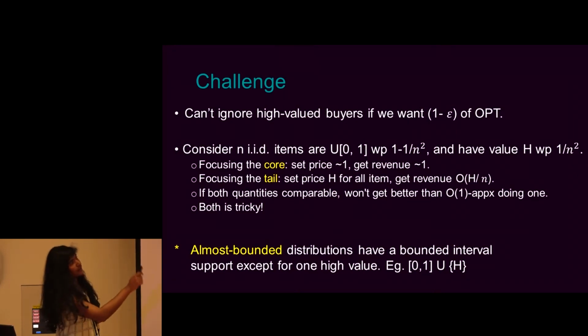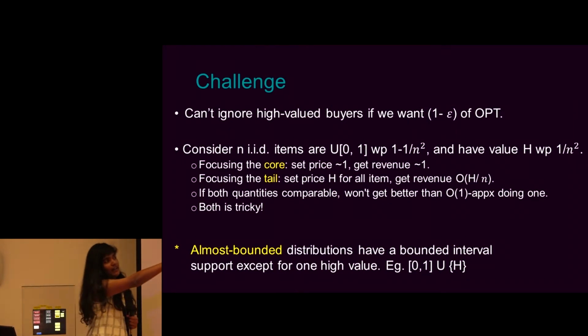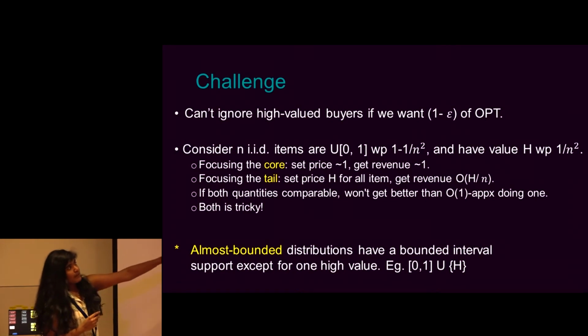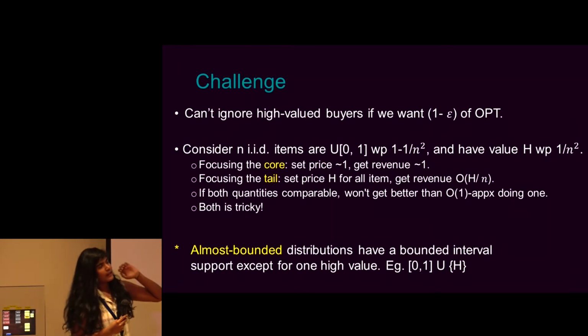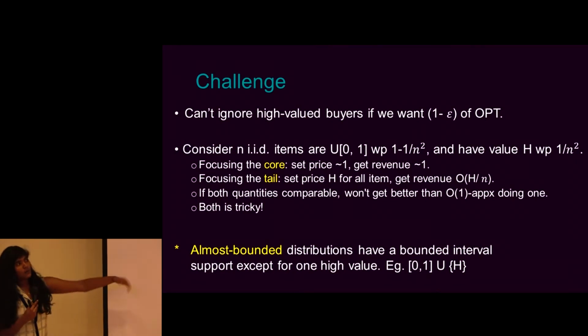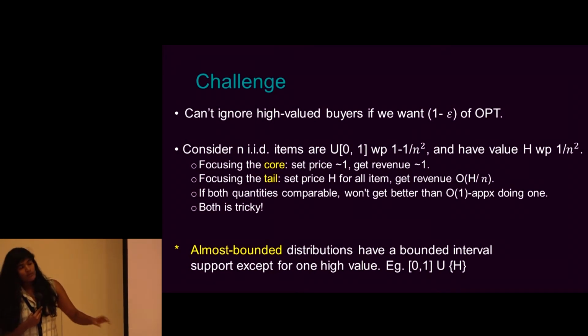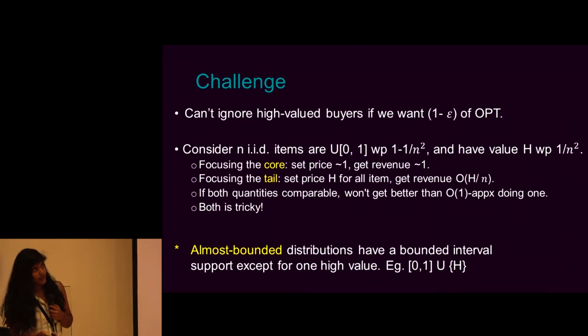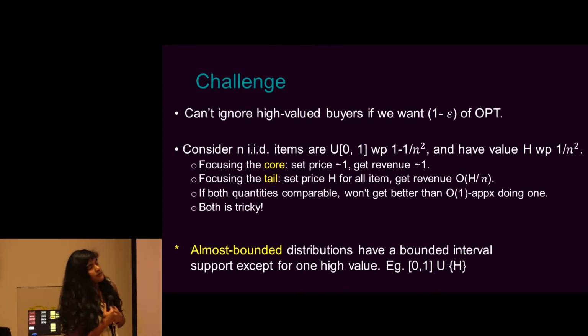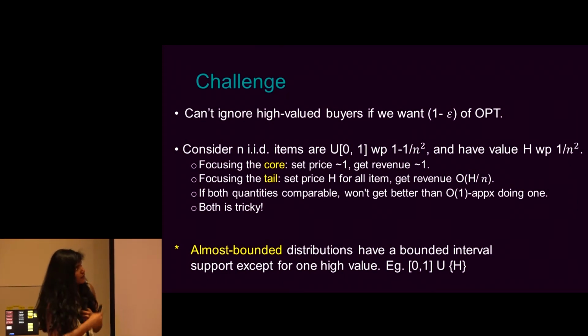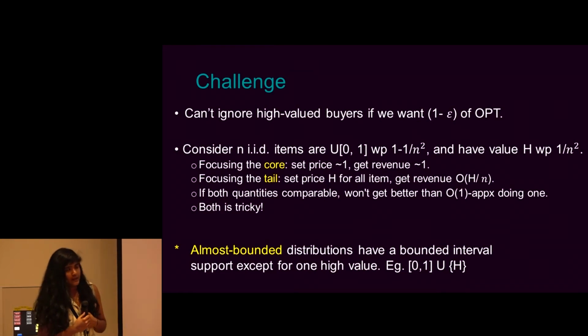But if I focus on the tail, because they have very high values, I can just set price h, and with probability at most 1 over n, one of them is going to take value at least h, so the revenue is going to be h over n.